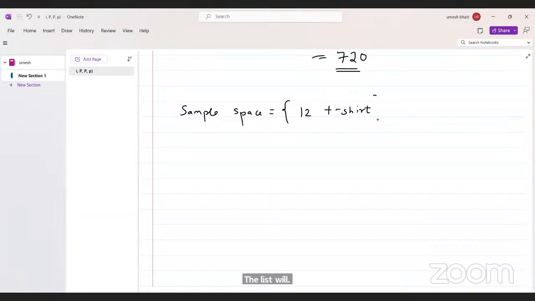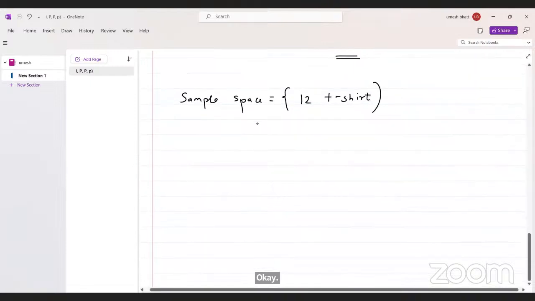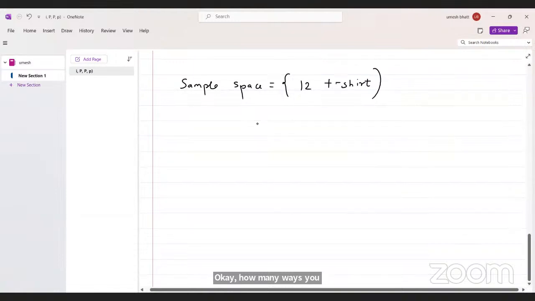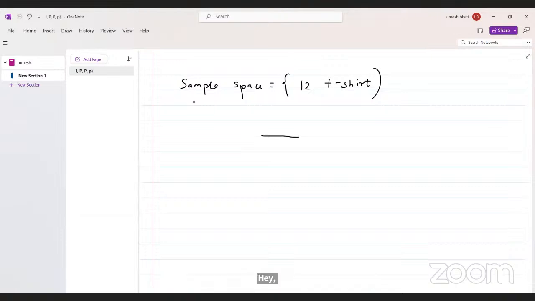Okay. Now, how many ways can she choose one t-shirt? A combination: we will use 6C1 plus 2C1 plus 4C1.